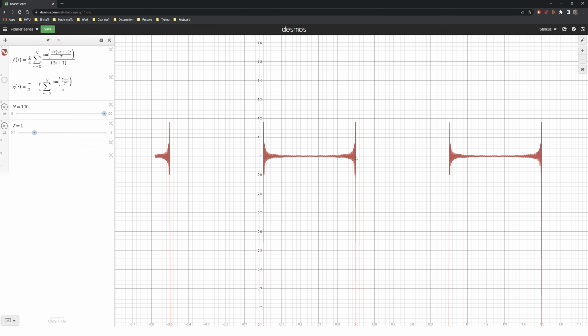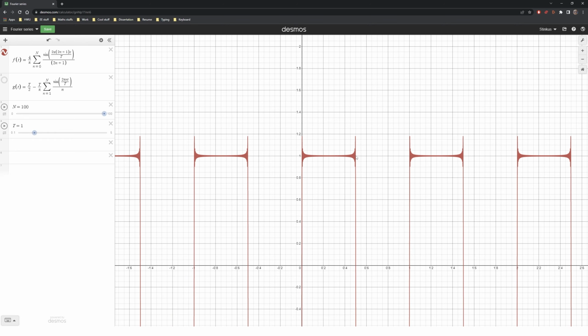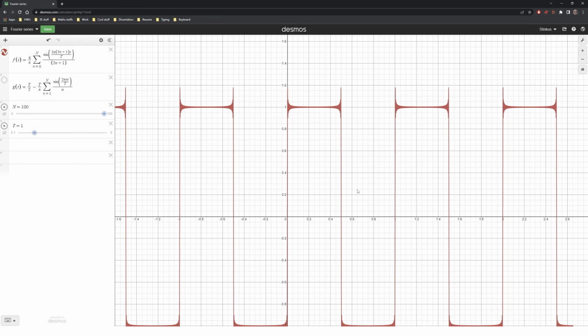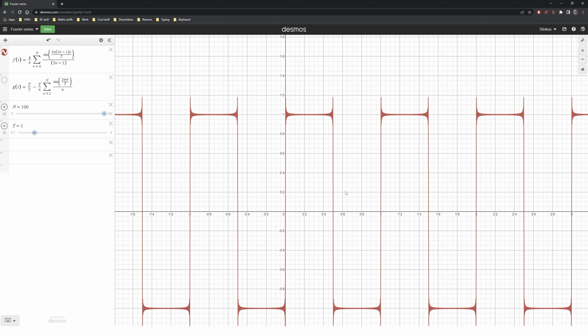And in fact, this was not known about for quite a bit after the discovery of Fourier series, because they had to plot this by hand, and nobody bothered to really put that much detail into plotting the discontinuity.